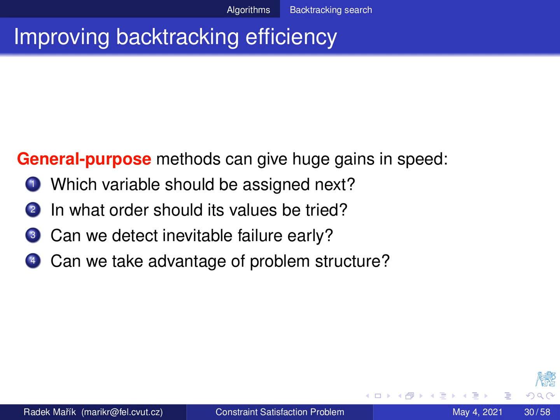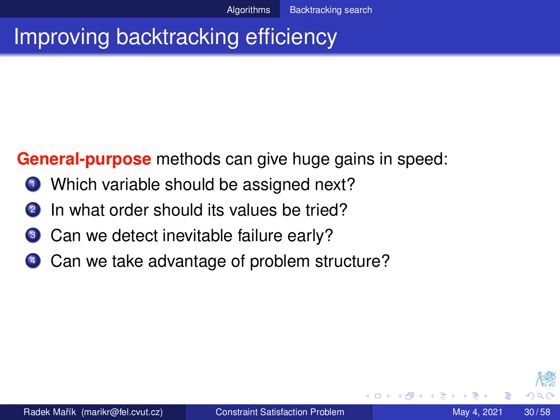Also, the values can be assigned in a specific order. Which one should be used? Another question is, if we analyze a partial assignment at a specific level, can we detect inevitable failure much earlier than really finding the constraint that is not satisfied?